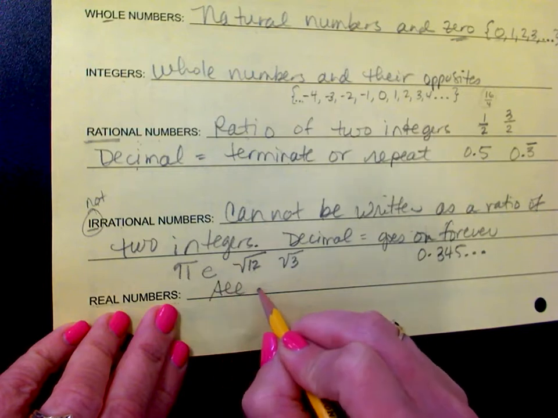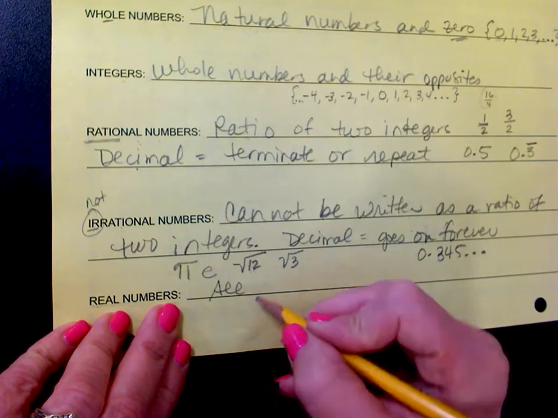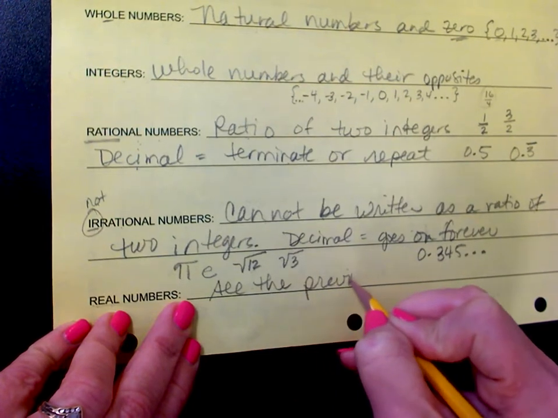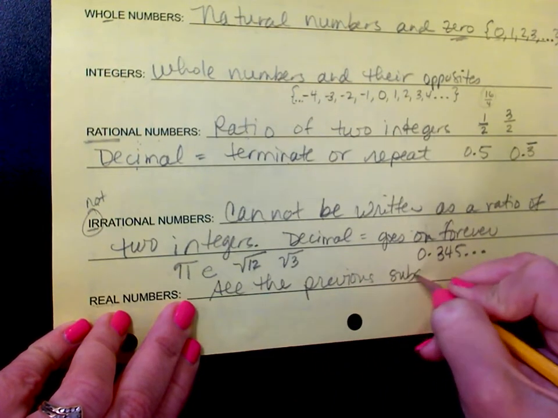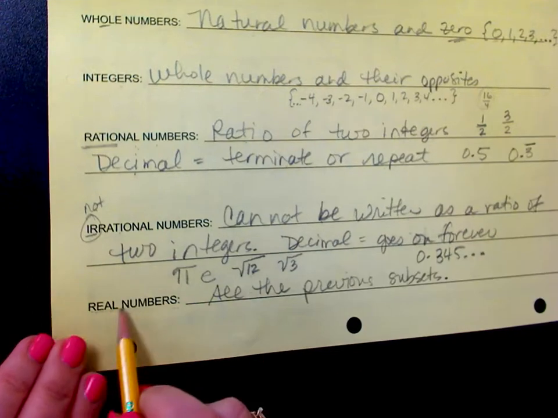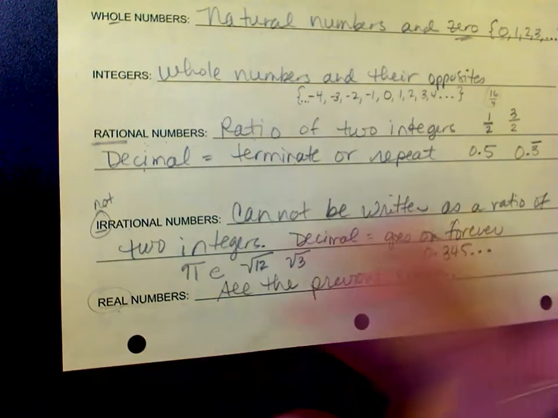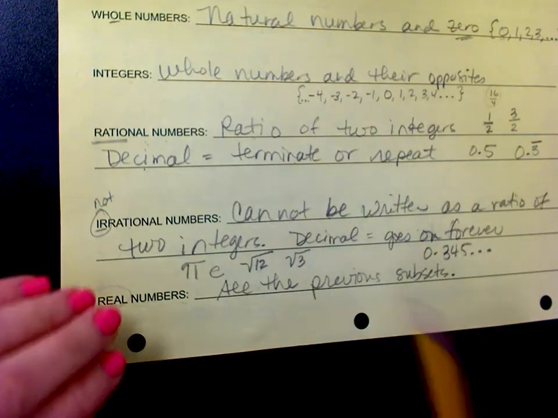All the previous subsets. So when you get to Algebra 2, you will find out what we call imaginary numbers. But right now, everything that you know are actually real numbers.